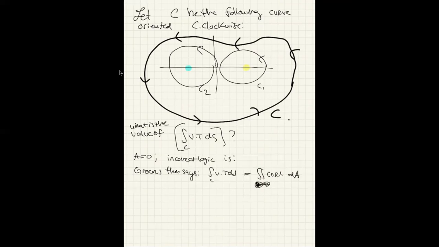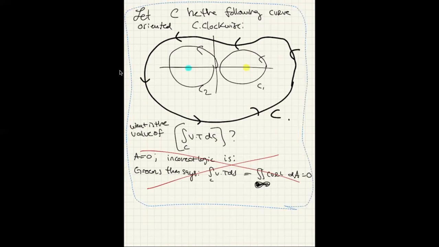And we know that the double integral of 0 over the region should be 0. Okay, this is incorrect logic. You can't quite say that. Although the value of this integral truly is 0. And let me explain why, and then we'll be done.